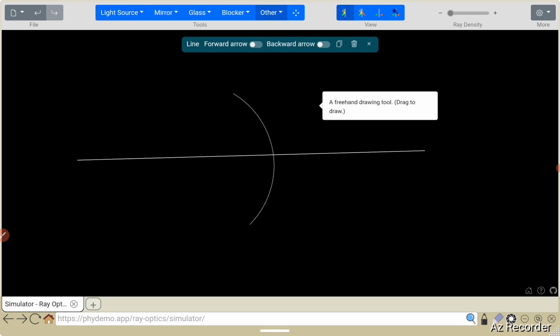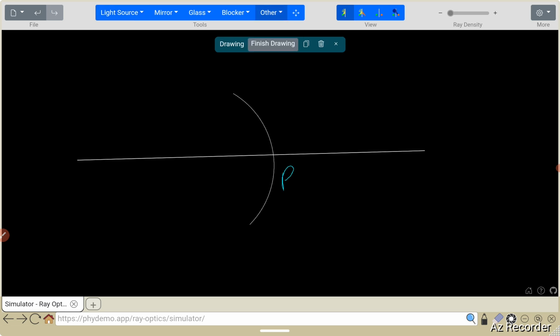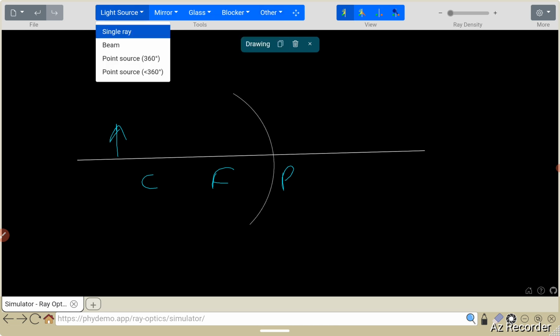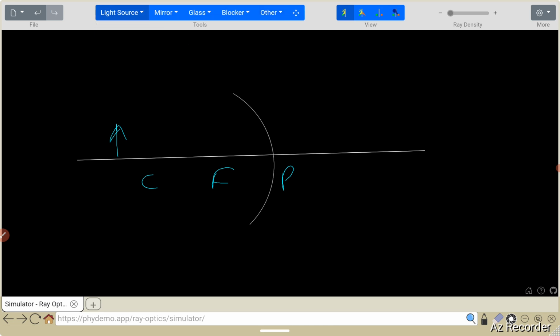One second. Pole, focus, and center. Beyond C we have object. Okay, and then let me take the light ray. I am taking the light ray from object.